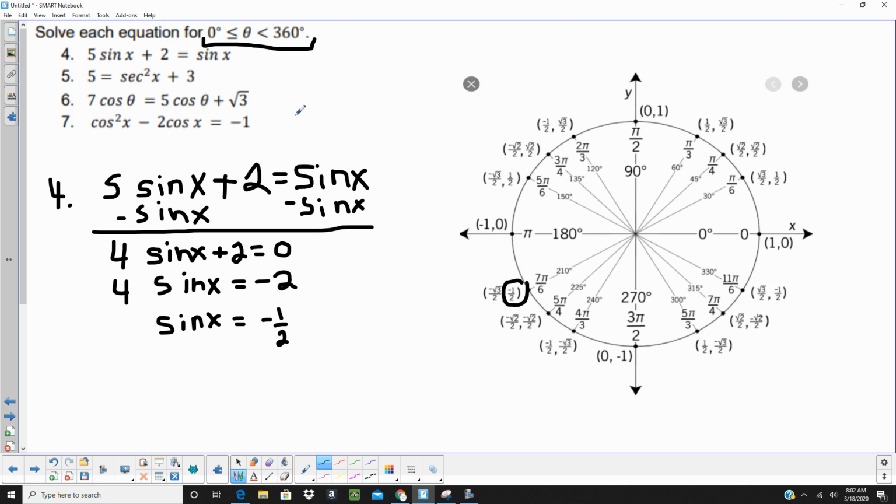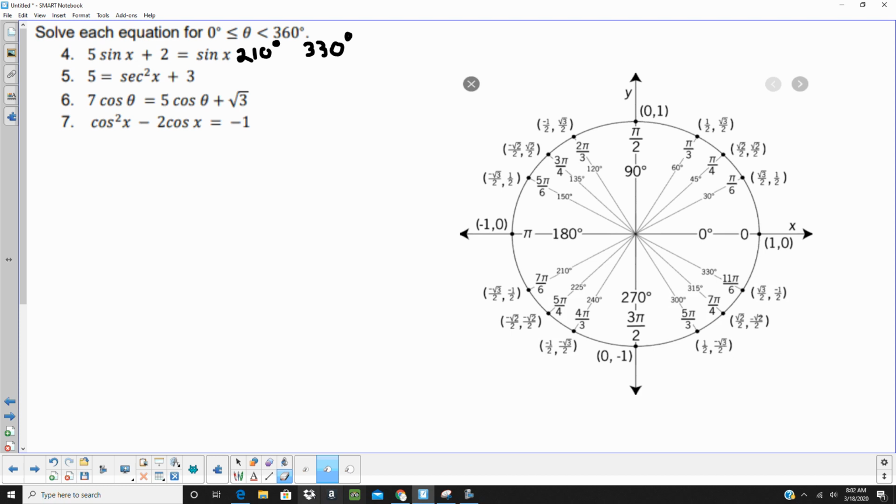It happens at 210 degrees, and it is going to happen at 330 degrees. Okay, so those are my two answers. And if I did it in radians, it would be 7 pi over 6 and 11 pi over 6. Let's go ahead and do the next one.